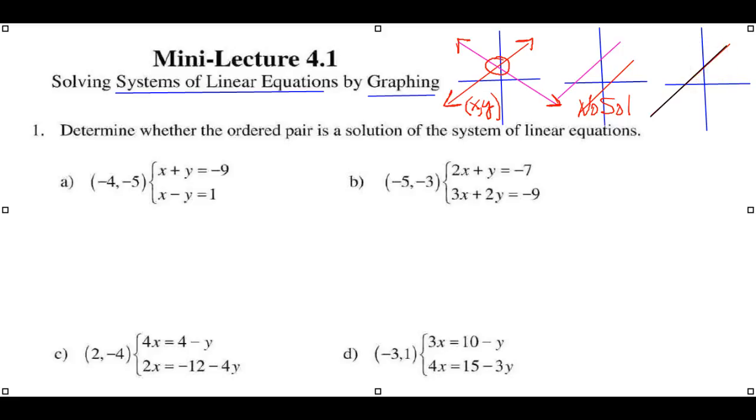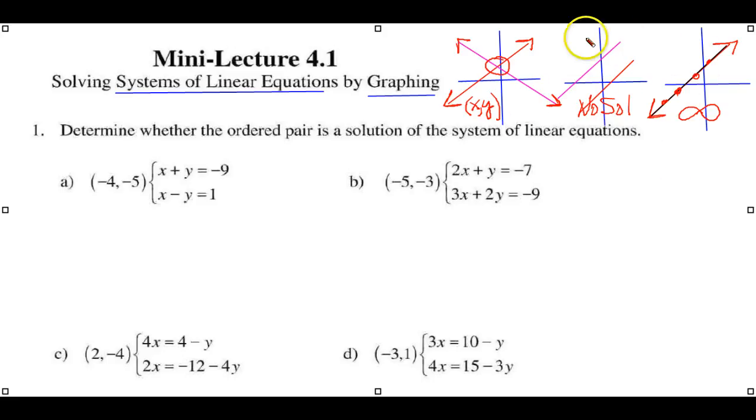So for all practical purposes, these lines, even though they looked a little different, were in fact the same. So how many solutions would these have? Well, we said there was an infinite number of ordered pairs along a line. So for this one, there would be an infinite number of solutions.